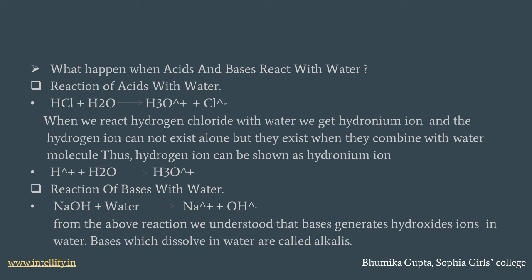The hydrogen ion cannot exist alone, but exists when it combines with a water molecule. Thus, hydrogen ion can be shown as hydronium. Now we will see what happens when H plus ion reacts with a water molecule. We get H3O plus ion.